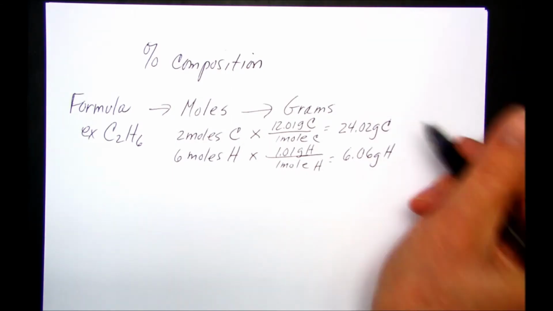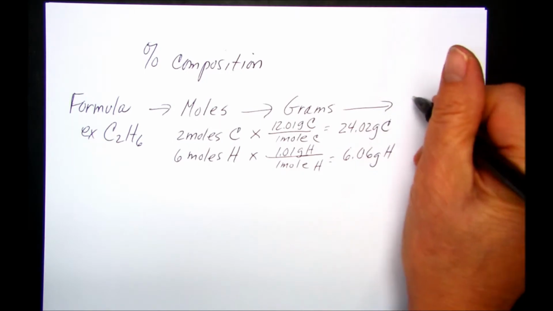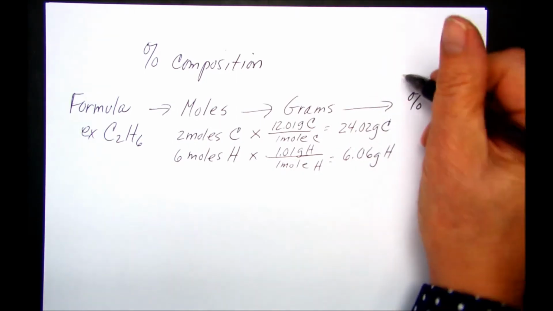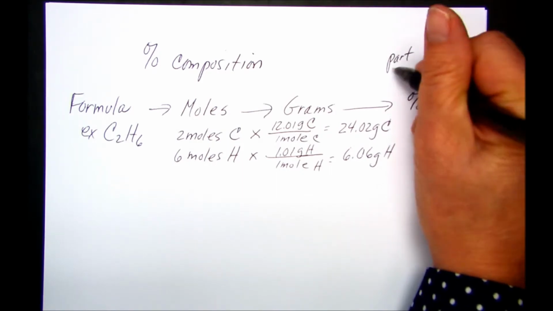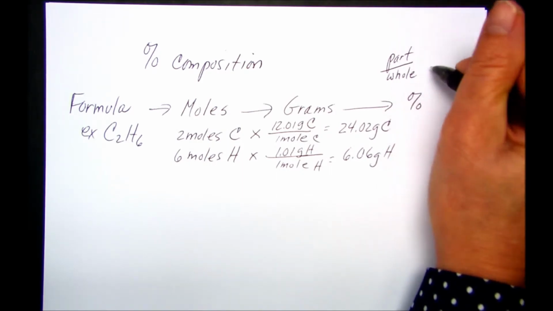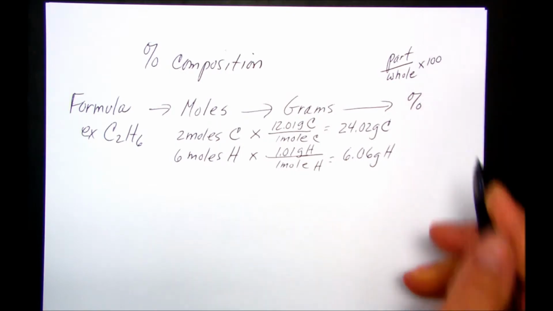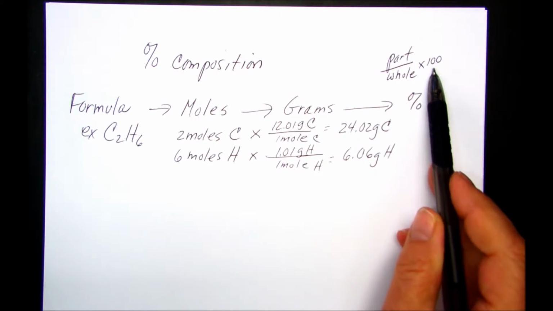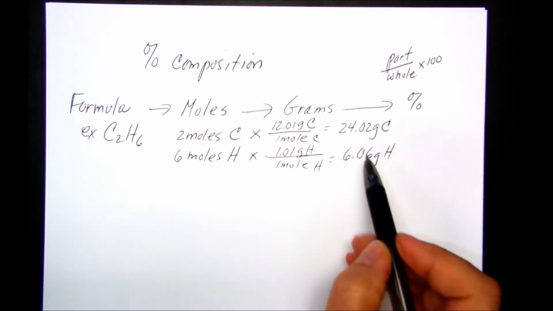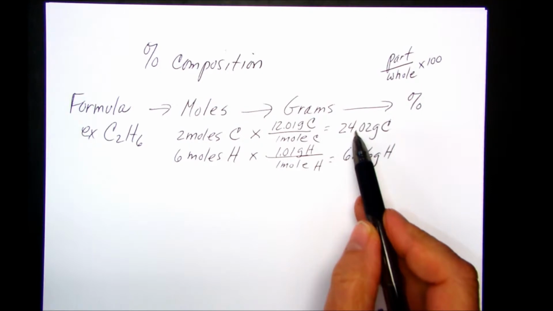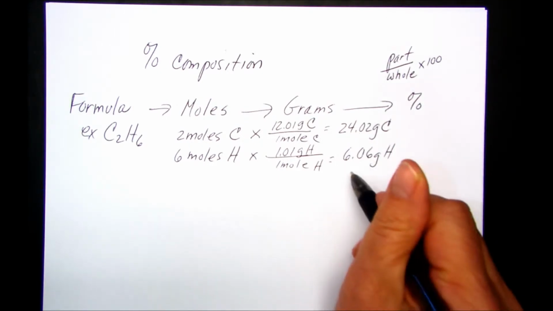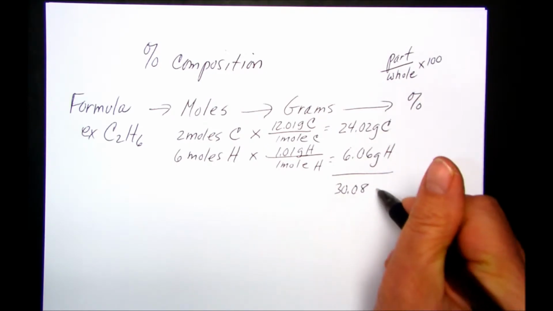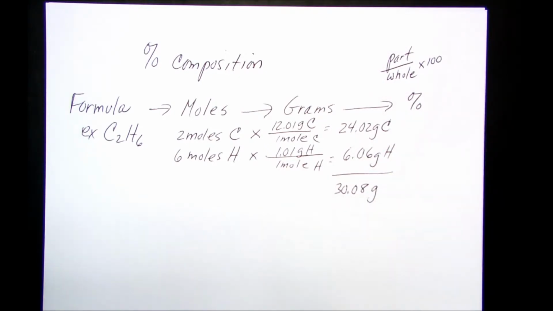From the grams, I'll get the percentage. Percentage is the part divided by the whole, and I multiply it by 100 to go from the decimal to the percent. So I need the whole. I need to add up the grams of carbon and the grams of hydrogen, and I'll get 30.08 grams total.